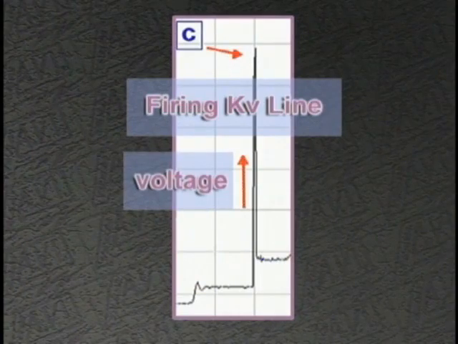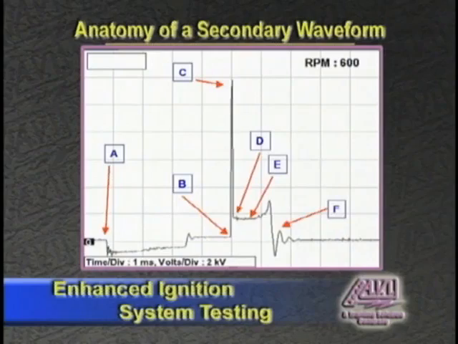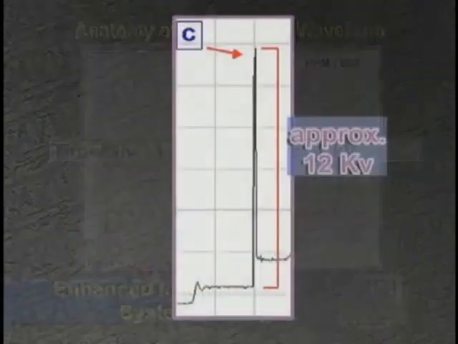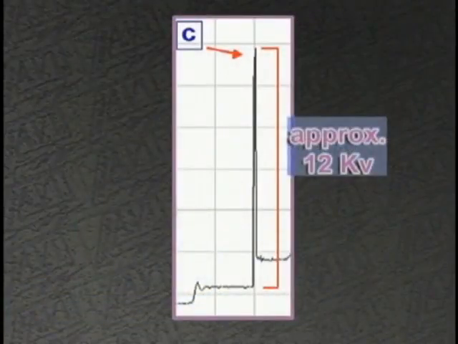If you look in the bottom middle of your screen there, you'll notice that this scope is set on 2 kV per division. So you can see that point C, the kV demand at point C is 2, 4, 6, 8, 10. You're roughly between 10 and 12 kV. Now, if this were a .045 gap spark plug, and this vehicle is at idle, you should be very, very happy with that kV demand.